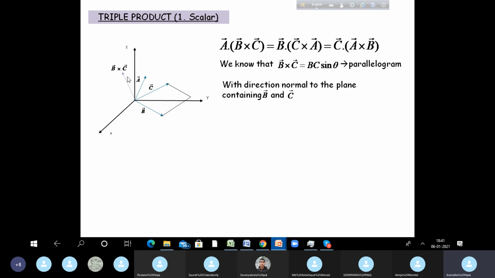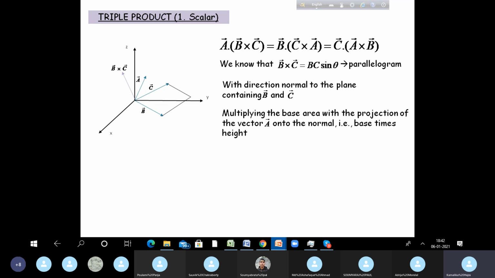Okay, so this might be wrong. My drawing might not be exactly perpendicular, but you at least get a feeling of what I'm trying to say. So B cross C is a vector perpendicular to the parallelogram containing B and C. So when you take the dot product of A with B cross C, basically you are taking a projection of this vector onto this B cross C. All right, and that gives you the height, right?